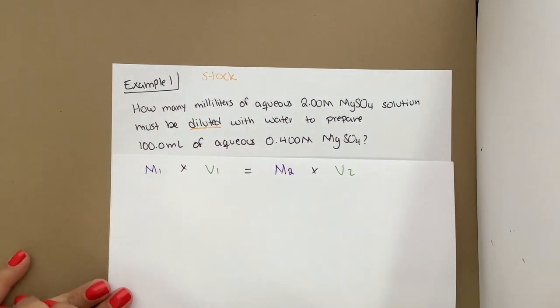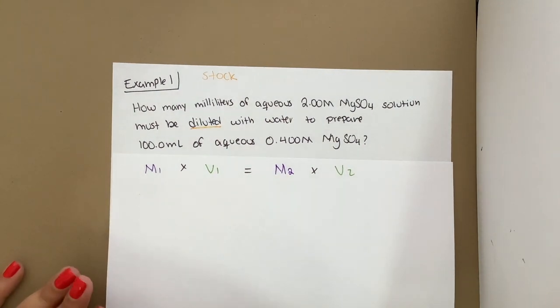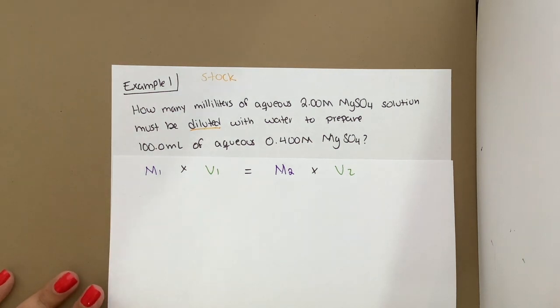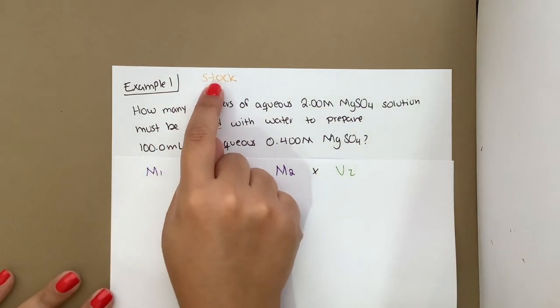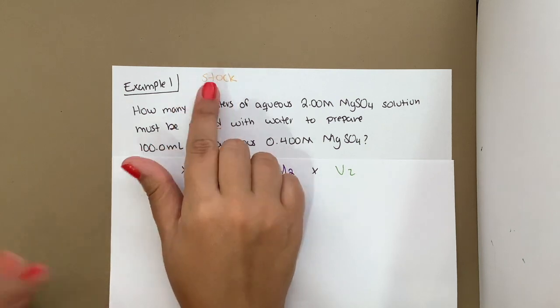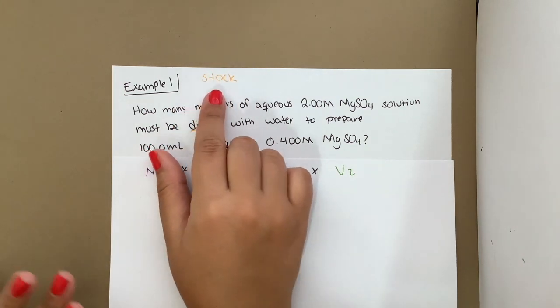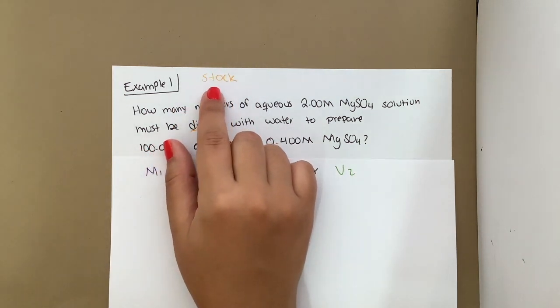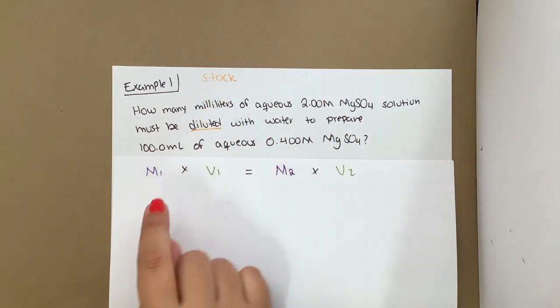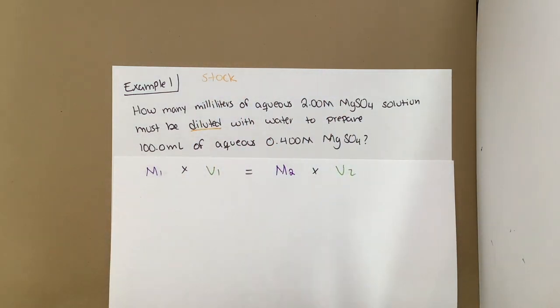A lot of times in chemistry we buy solutions, and these are called our stock solutions. Having one stock solution in the lab, we can dilute it or make it more concentrated depending on what experiment we need.